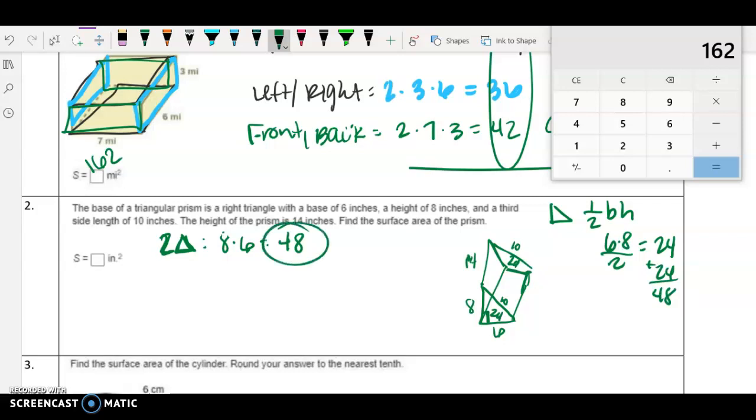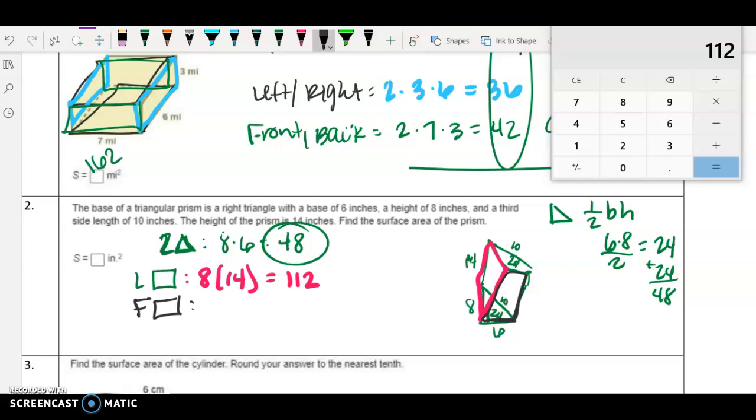So now we have to do each side. I'm going to say the left is going to be this side here, and this is a rectangle. So this is just 8 times 14, which equals 112. I'm going to call this one the front just because it's closer to me. So the front rectangle is going to be 6 times 14.